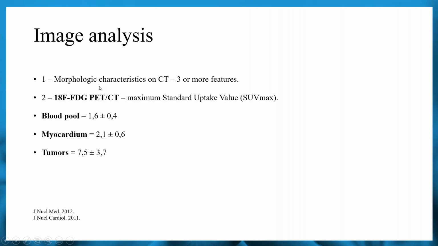Then they moved to the FDG PET-CT, calculating the maximum standard uptake value, the SUVmax, for the significant areas: the normal tissue, with an SUVmax of 1.6 in the blood pool and 2.1 in the myocardium, and the tumors, which presented in general, without differentiating benign and malignant, a mean SUVmax of 7.5.